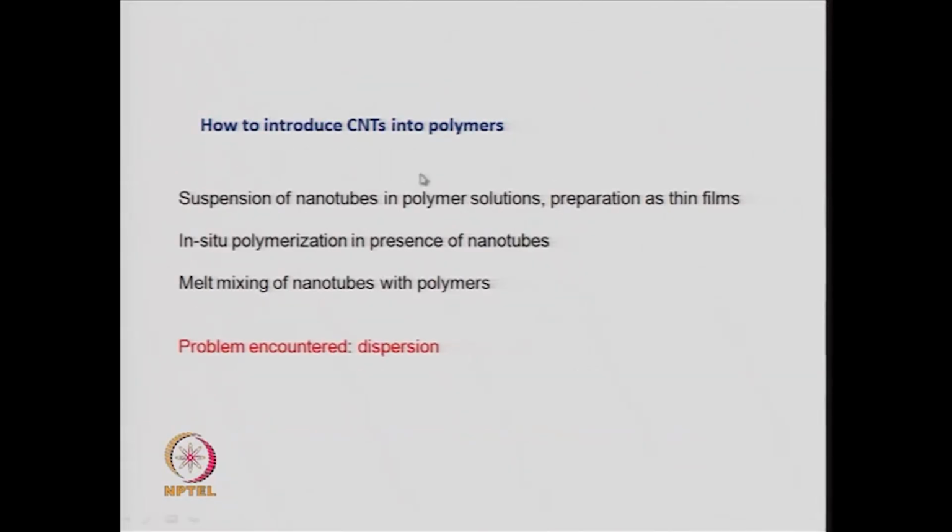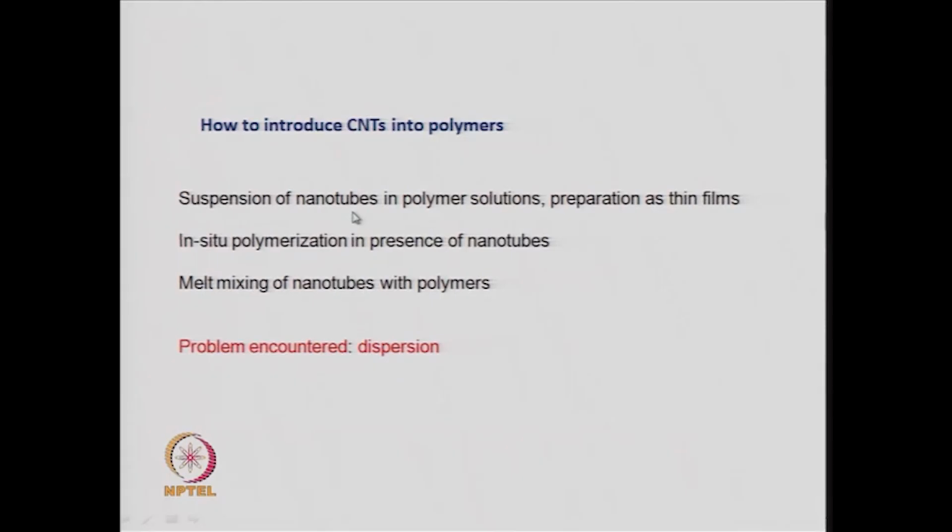Now, how do you introduce carbon nanotubes into these polymers? One of the methodologies is that you suspend these nanotubes in polymer solutions, and then you can spin coat them to make thin films. Of course, there are various other methods of making thin films, but this is a simple methodology.